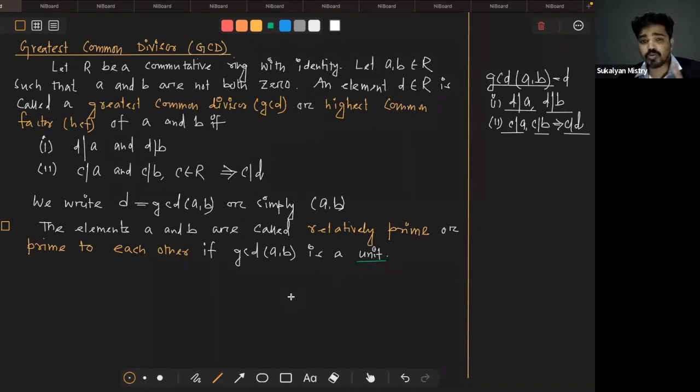Now we are going to discuss how to find GCD. So method of finding GCD.